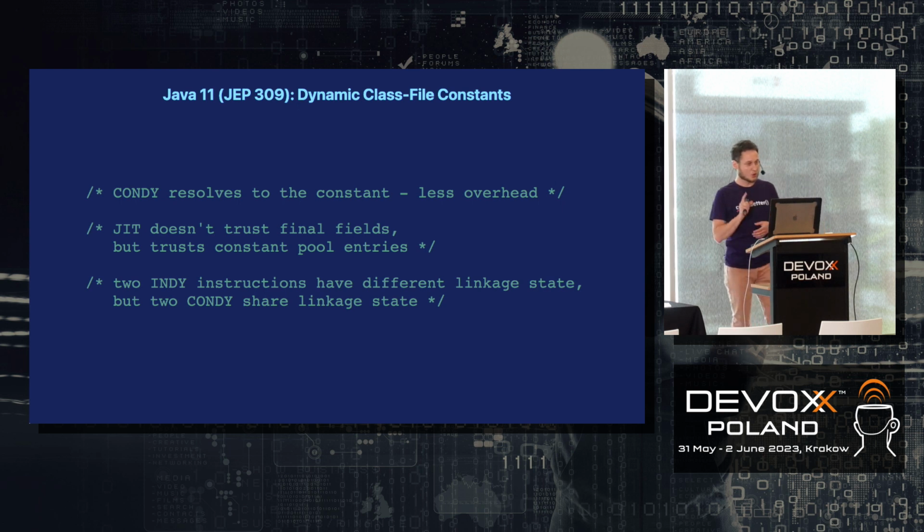But two condy instructions, if they have the same name, refer to the same constant, and they do share linkage state. It means that we can use the same constant in various points of our program. Once the first constant is encountered, linkage happens, and there is again no overhead for other uses of the same constant. These are nice properties of condy.